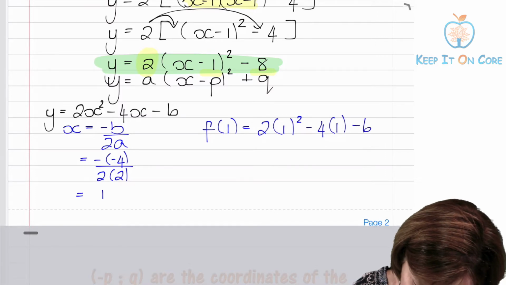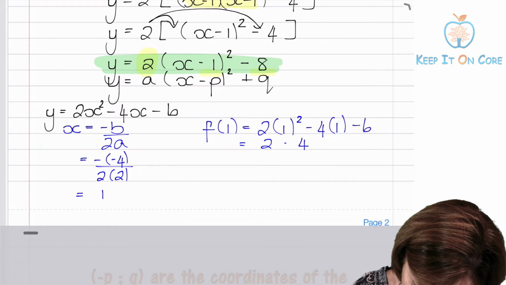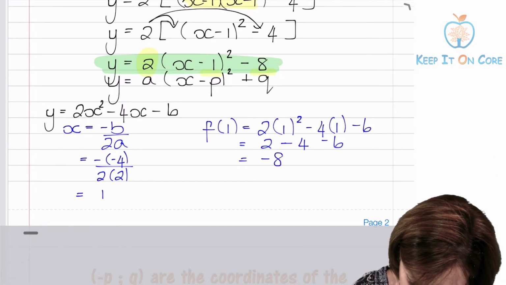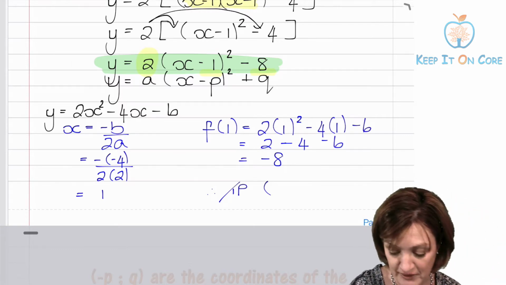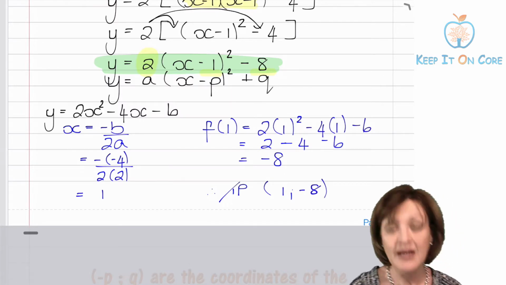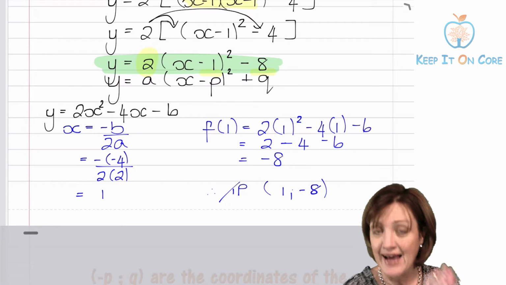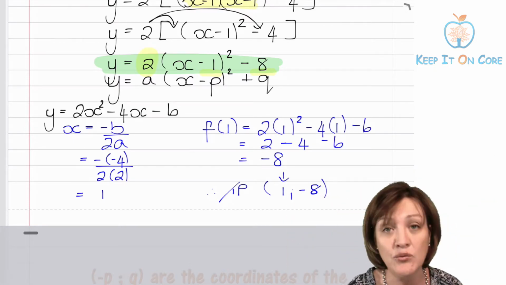And what is that giving me? I'm getting 2 minus 4 minus 6, which is giving me negative 8. So the coordinates of the turning point of your graph we've managed to establish are 1 and negative 8. All right, so what's happened is the graph, the axis of symmetry moved 1 unit to the right. So there's your x equals 1.